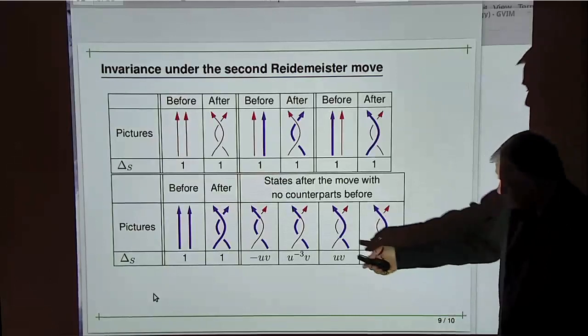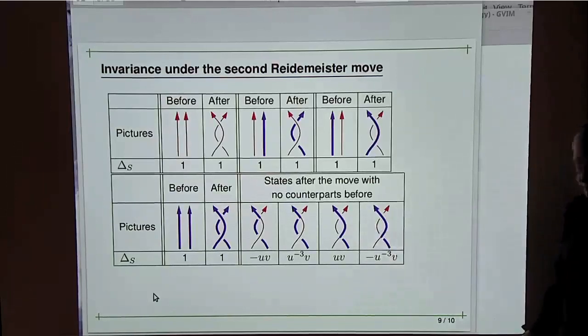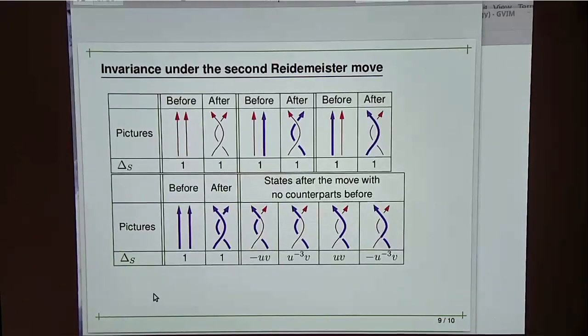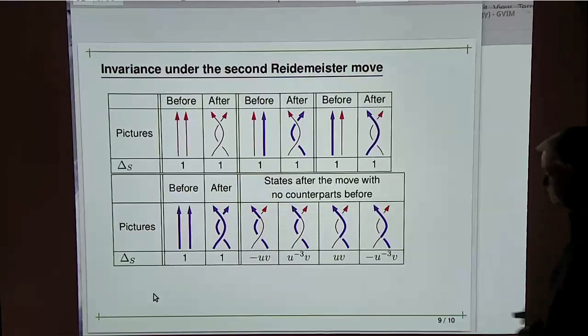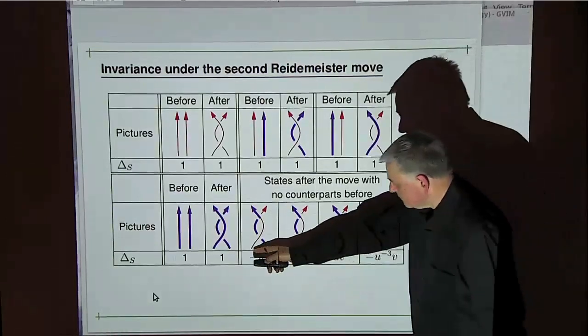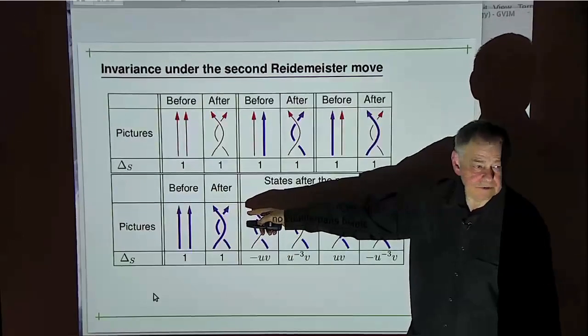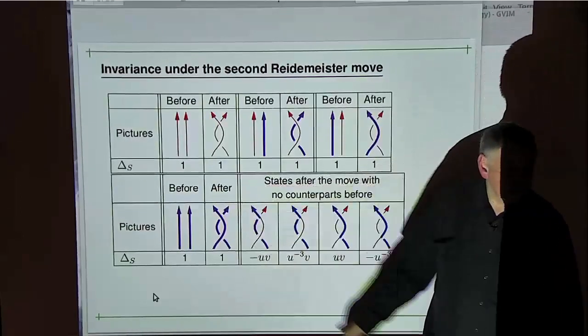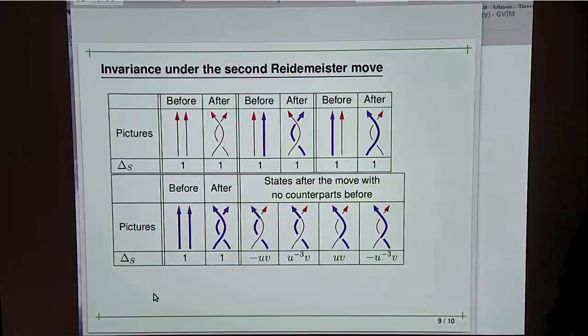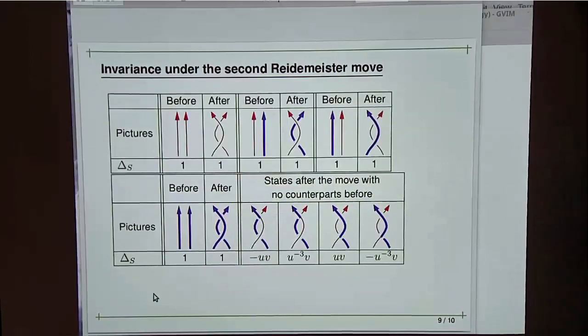They must kill each other, just because if you have this string straight, then the bosonic part cannot be converted into fermionic. It should pass through some shunt. Okay? And those guys must just kill each other in an appropriate way.